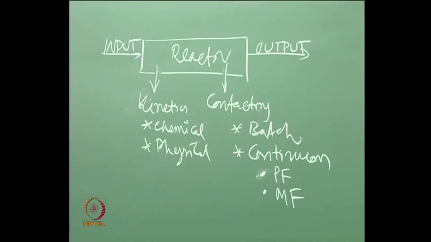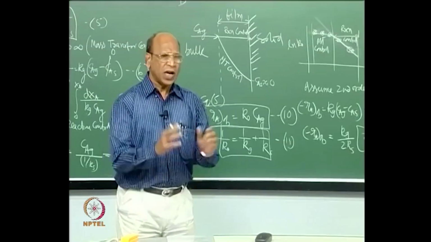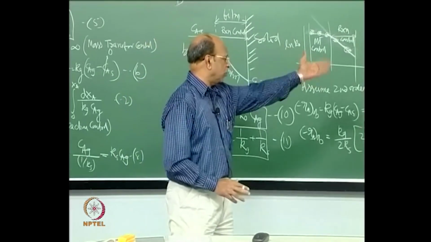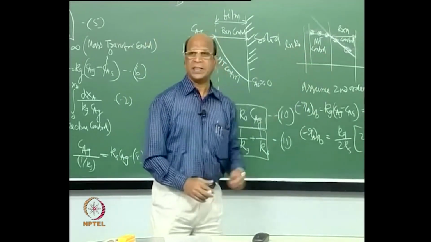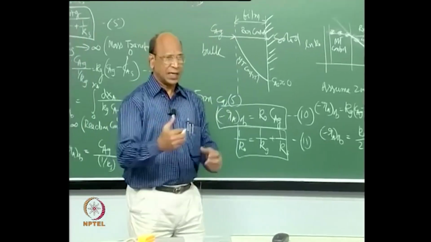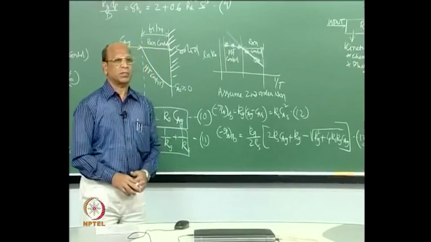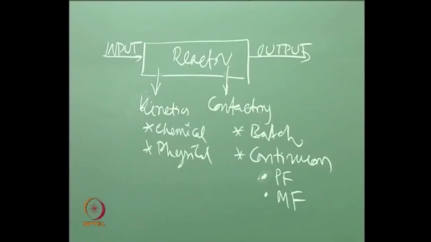At least this diagram we should thoroughly understand. All other things are details, like calculation of volume if I am using mixed flow, plug flow or batch reactor. That is the detail for later, but right now the concept is what matters, the things involved in the diagram. I hope we know the input and the contacting, when to choose between batch and continuous, and in continuous when to choose mixed flow and plug flow.